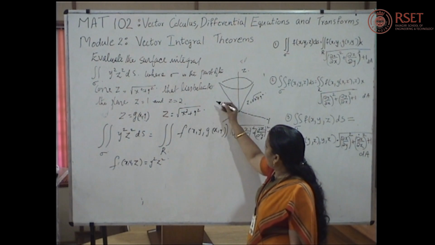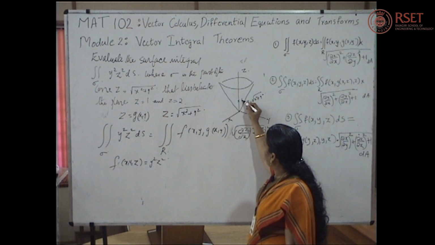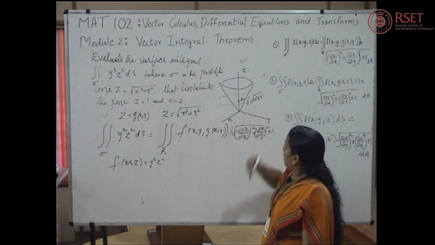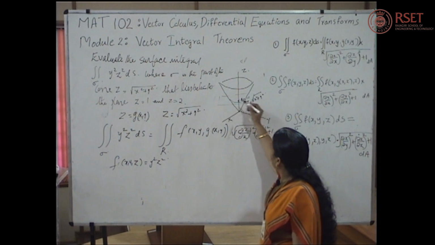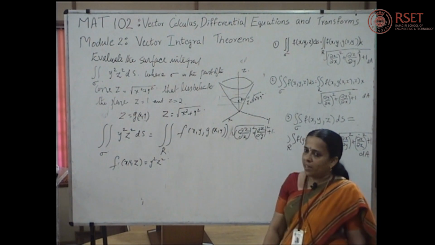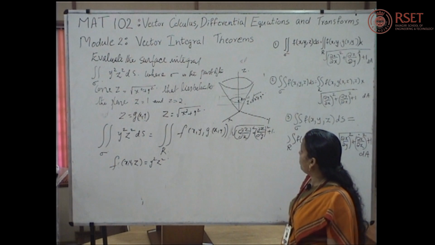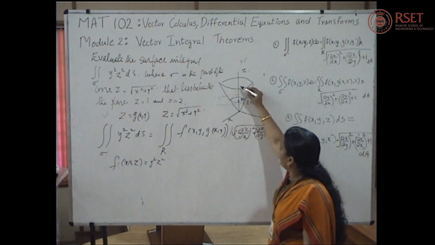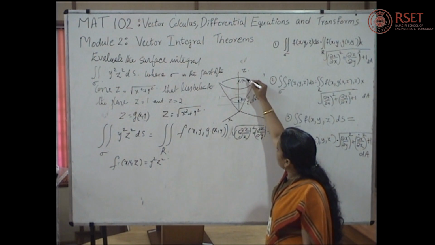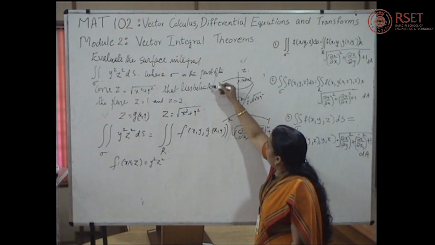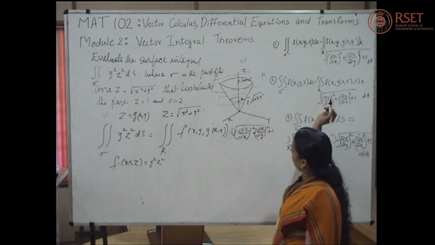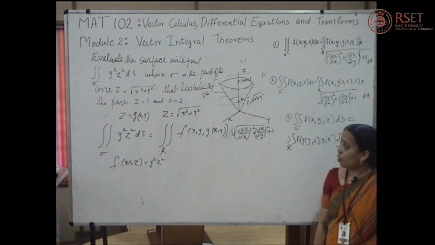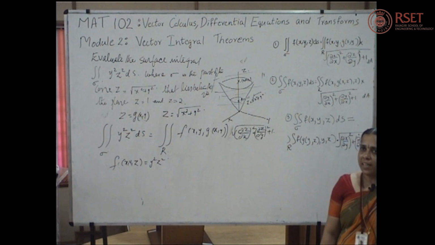The plane z = 1 means this point is (0, 0, 1). A plane cuts the cone through the point (0, 0, 1) parallel to the xy plane, and the upper plane is z = 2. Suppose this point is (0, 0, 2). The cone is cut by the plane z = 2 passing through (0, 0, 2) and parallel to the xy plane.